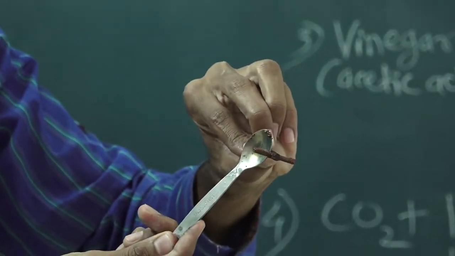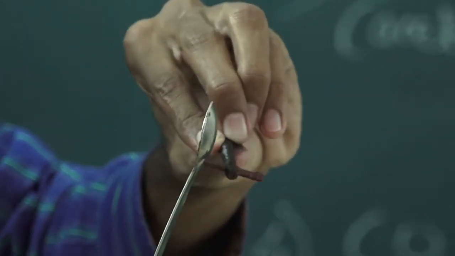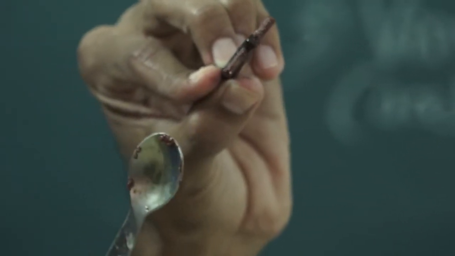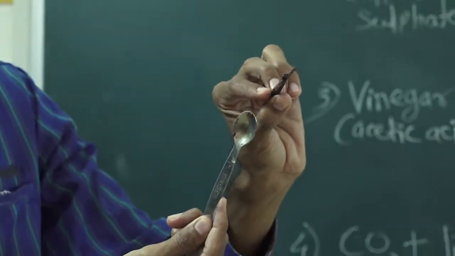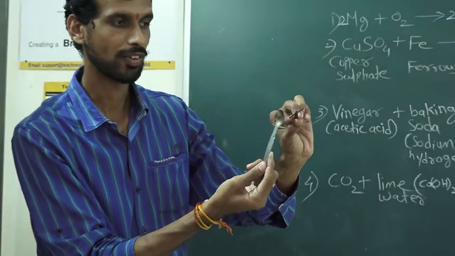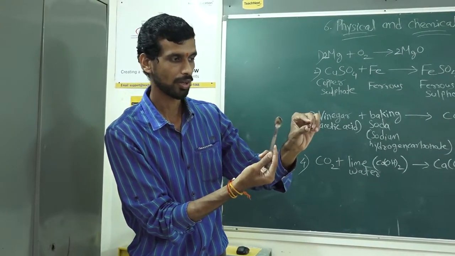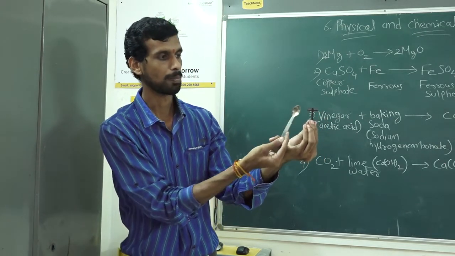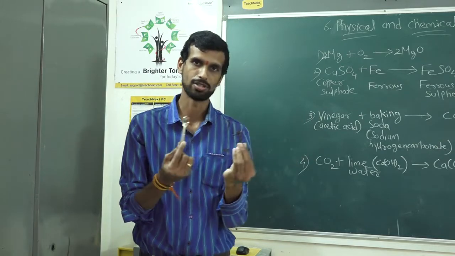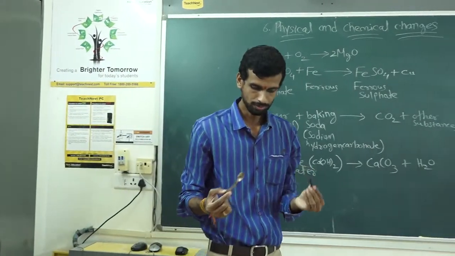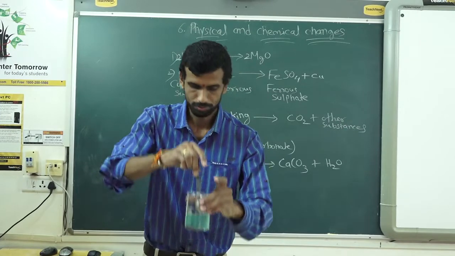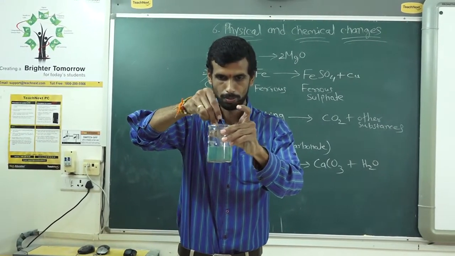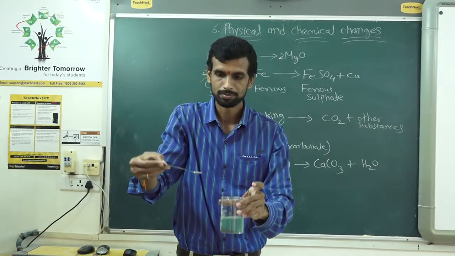Okay. So on the iron nail, what is deposited? Copper is deposited. You can see on this spoon. So I have separated copper molecules from the copper sulfate solution. I hope you have seen it properly. So this was the iron nail, and on this iron nail, copper molecules are deposited. Okay. Now these molecules are present at the bottom of this solution also. Lots of copper molecules are there at the bottom.